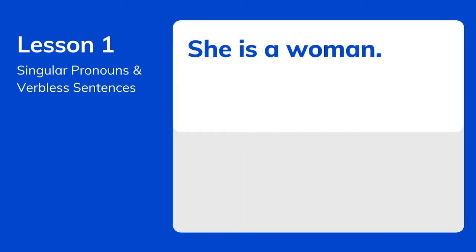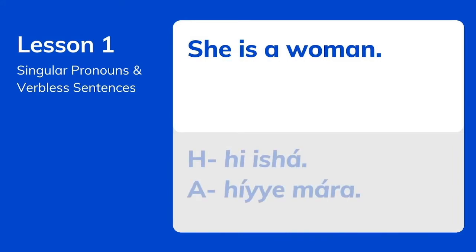She is a woman. Again, take a few seconds to see if you can figure it out. In Hebrew, it is hi isha, and in Palestinian Arabic, it is hiye mara.